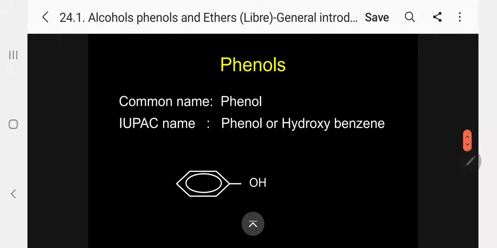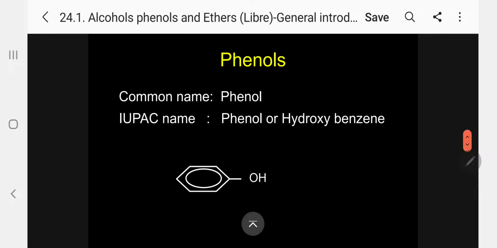Kindly follow. Coming to phenol, very interesting information. First I will take one OH present in the benzene ring, then 2 OH, then 3 OH. You must know about this. This common name is phenol. The IUPAC name is also phenol or 1-hydroxybenzene.